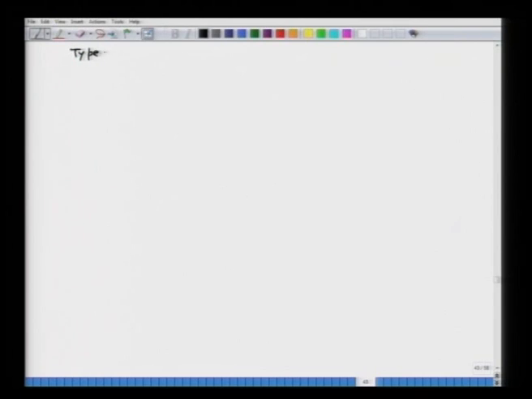Now, let us see the different types of roasting. One is oxidizing roasting. What I have written, the heat of formation values, say you have oxidizing roasting.